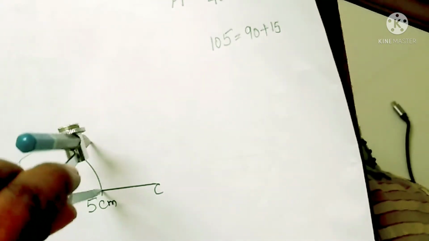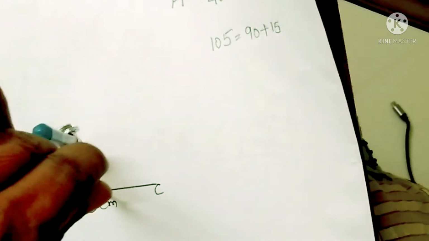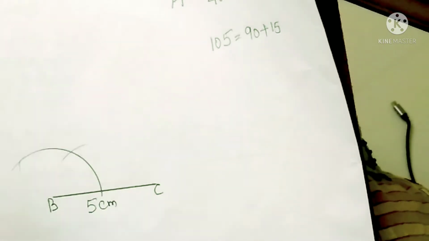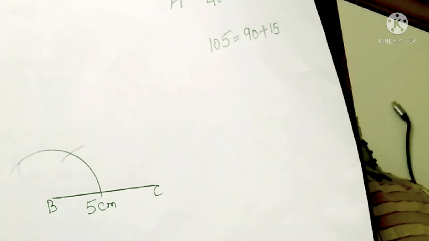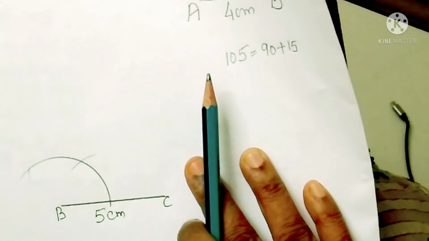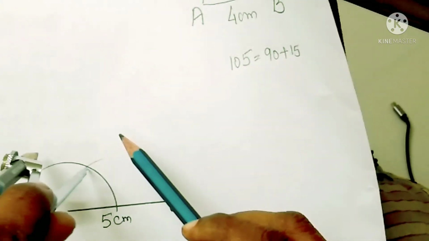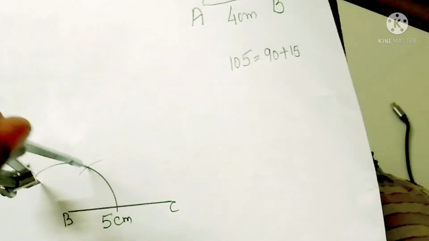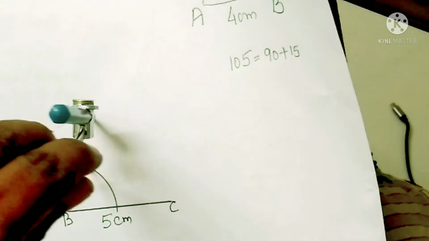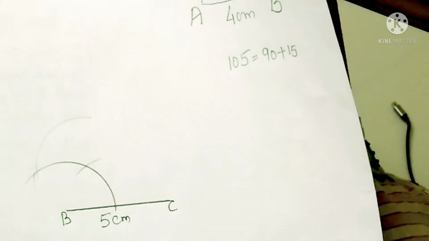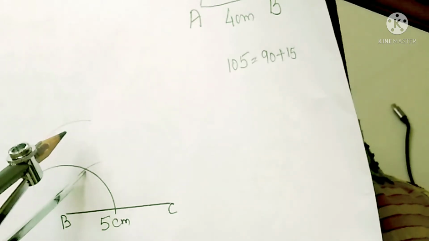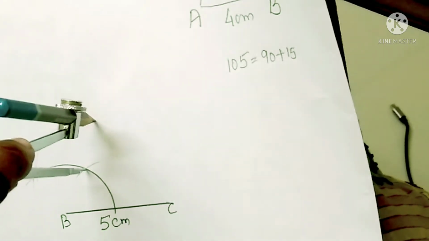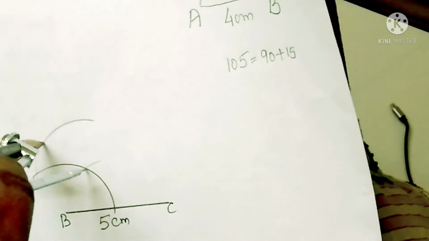Hope you can see it. From the point where it has intersected, again draw a big arc. What I did, keep the pointer here and draw a big arc.